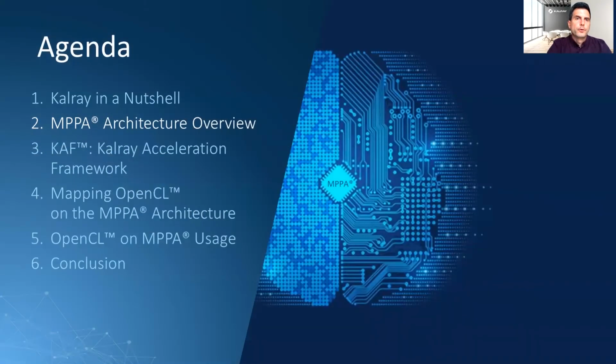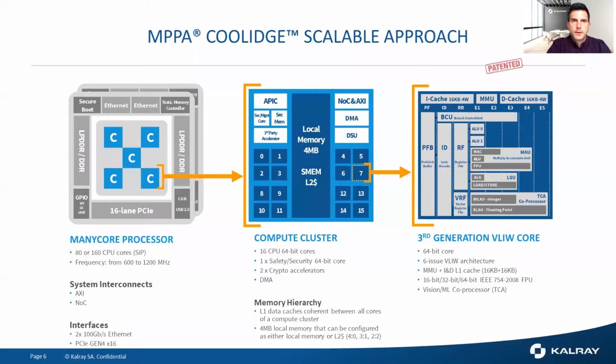Let's now go to a quick overview of the MPPA architecture. As I told you, the MPPA is a many-core architecture. It features 80 cores per die in the third generation. We can go up to 160 cores through the use of 2 dies in the same package, so it's a system in package. It operates at frequencies from 600 megahertz up to 1.2 gigahertz.